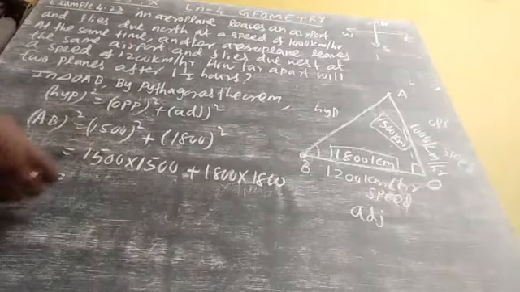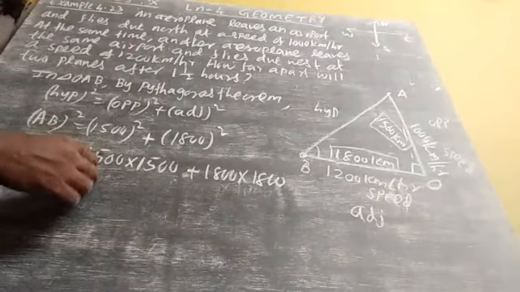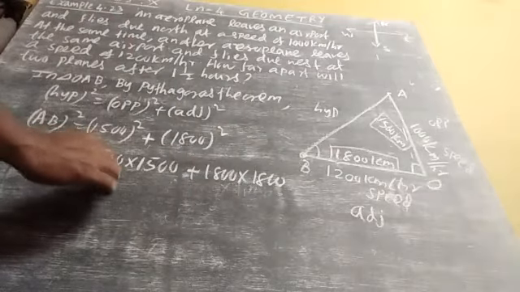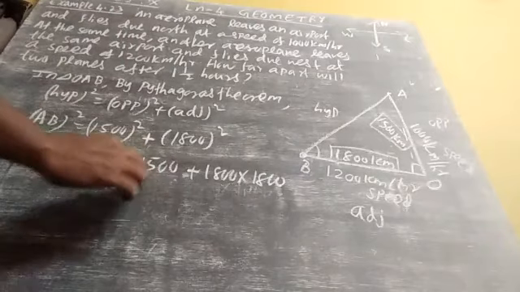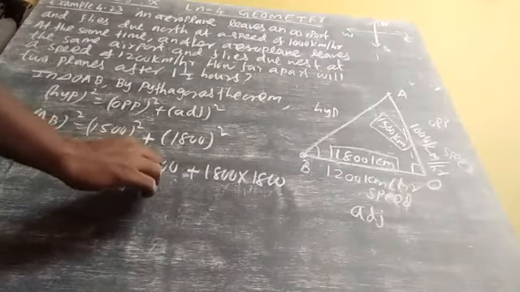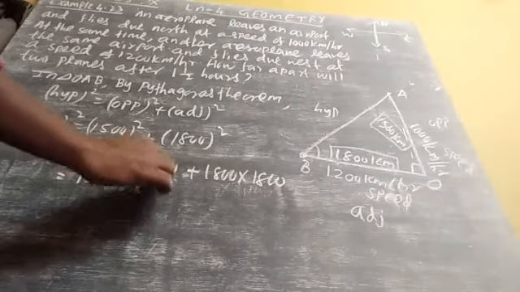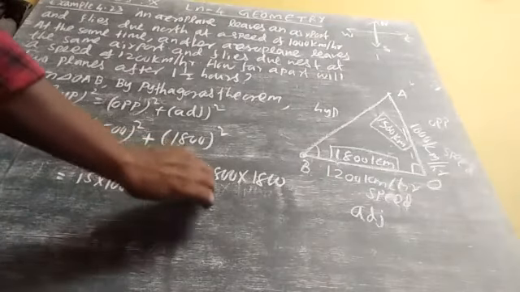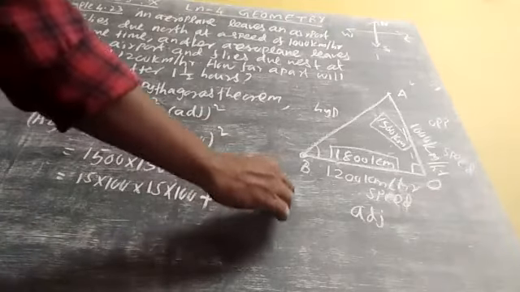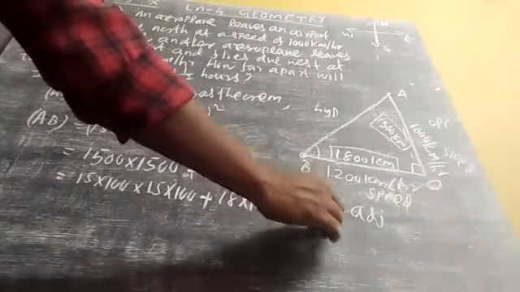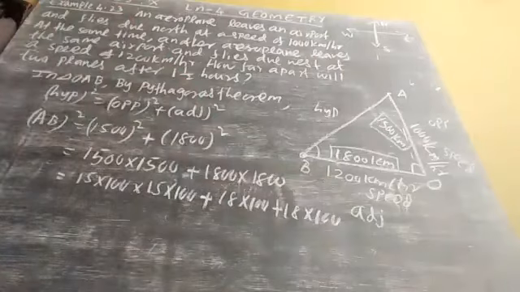Now 1500 I can write as 15 into 100, and 1800 as 18 into 100.